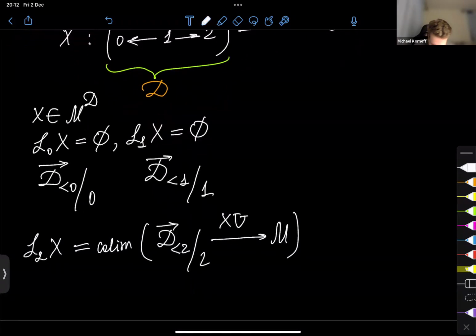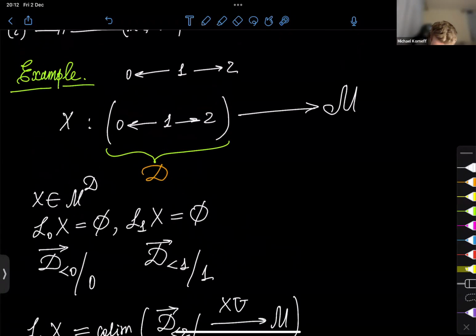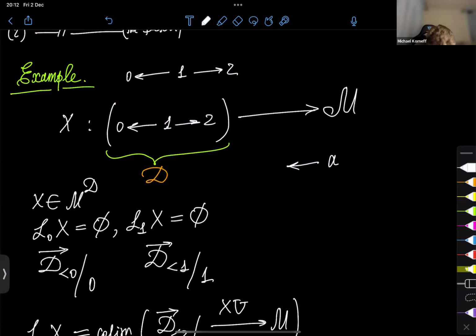Okay, and suppose that this shape maps to the following diagram. 1 maps to A, 0 maps to B, the object 2 maps to C, and we have the following maps.